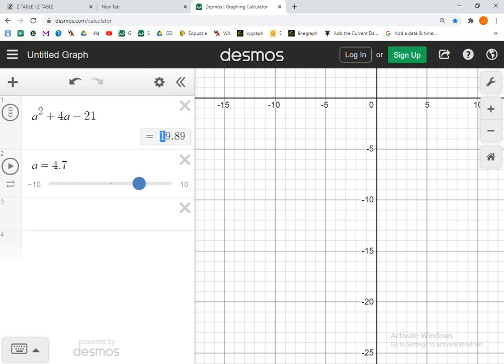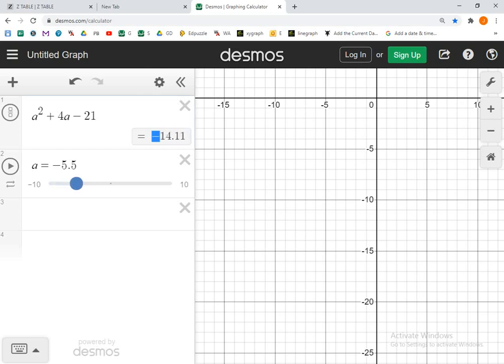But when I plug 3 in, do I get 0? And when I plug negative 7 in, do I get 0?